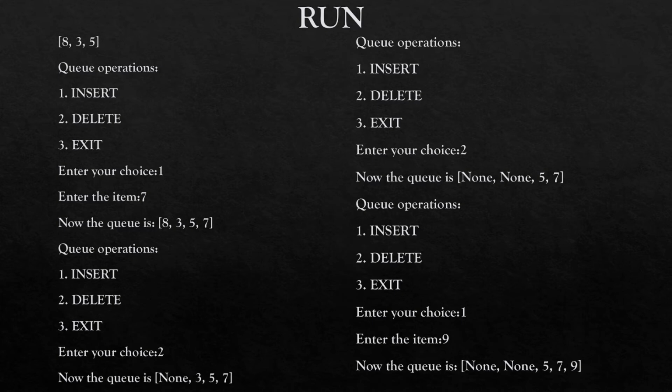And the second time, if I enter the same choice 2, then it will again assign the front value of the queue as none without changing the position of the other elements of the queue. And again, if I do another insert element operation, the item to be inserted is 9. Then that will be appended to the queue, and the queue looks like this.